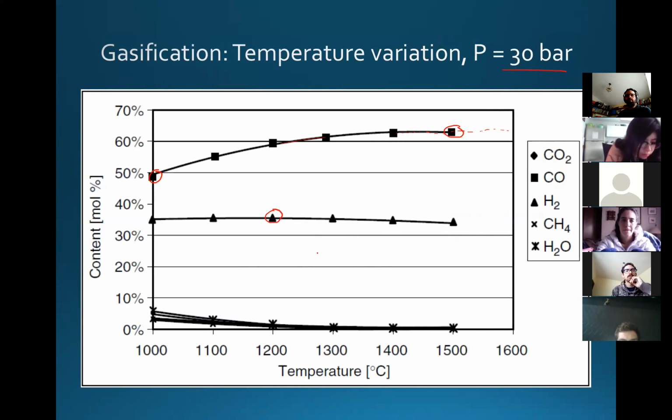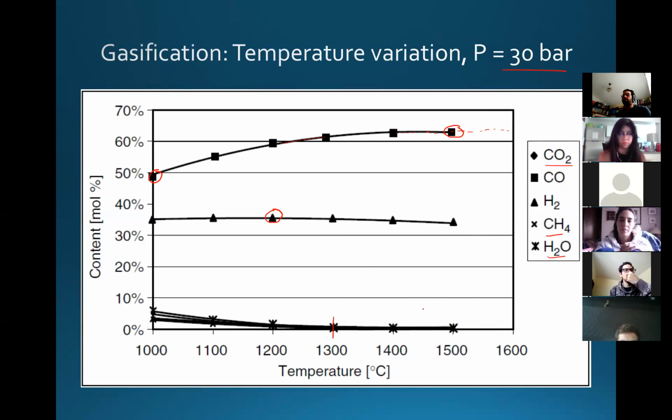And for all the other products, methane, water, and carbon dioxide, because these are produced in exothermic reactions, raising the temperature makes the reaction go to the left, to the reactants, and then we don't produce those. So here around 1300 Celsius, we have almost the lowest amount possible of carbon dioxide, methane, and water.